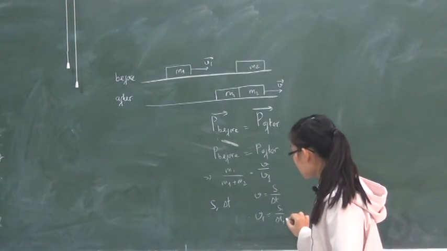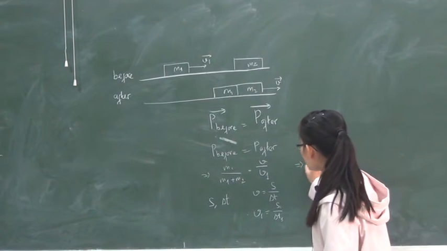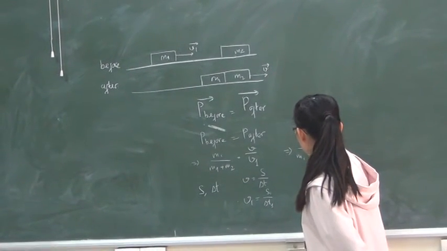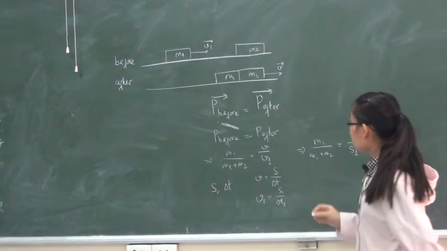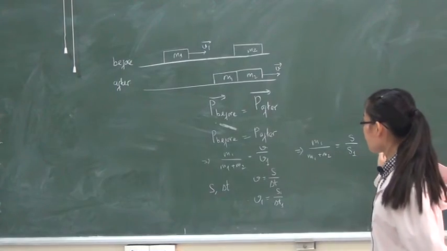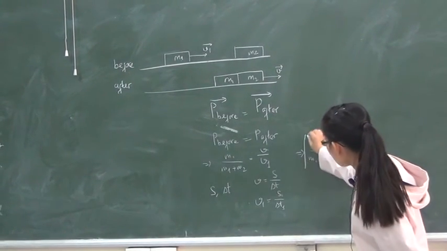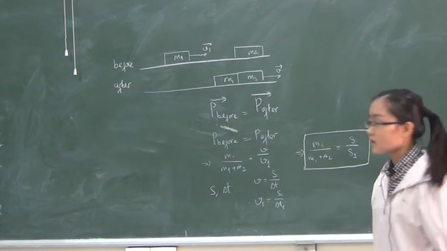If delta t equals delta t1, then this formula holds: m1 over m1 plus m2 equals s over s1. And I emphasize to students that it is the consequence which must be tested by the experiment.